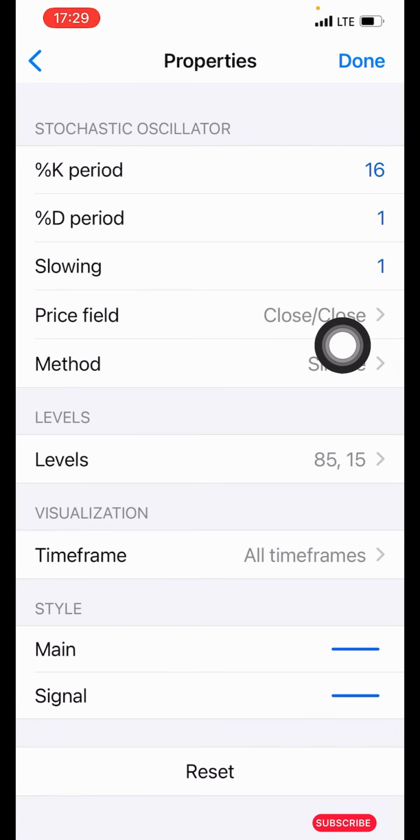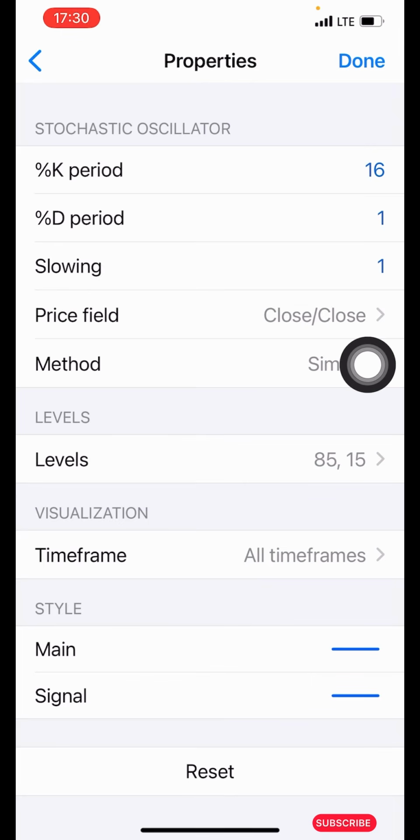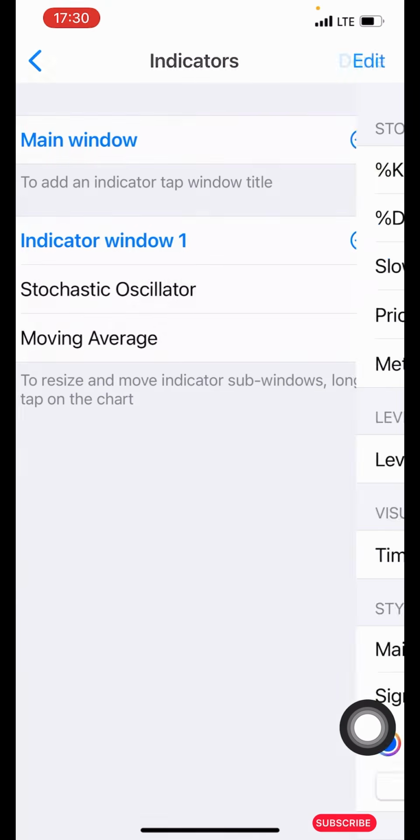Method is simple. The levels you have 85 and 15. Color red, 3 pixel, you click on done, right? Now the time frame is all time frame. The main under the star, you make it color blue, 3 pixel. The signal, the same thing, color blue, 3 pixel, you click on done.